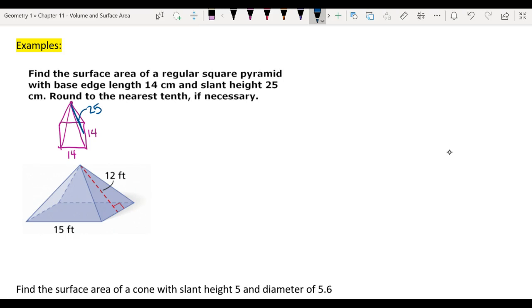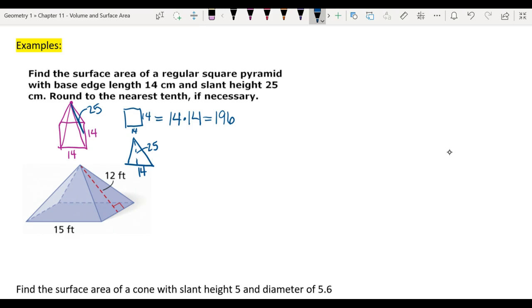So we're going to start with the bottom. The bottom is a square. That's 14 by 14. 14 times 14 is 196. Then you have these triangles where your slant height is 25, so that's the height of your triangle, and your base is 14.